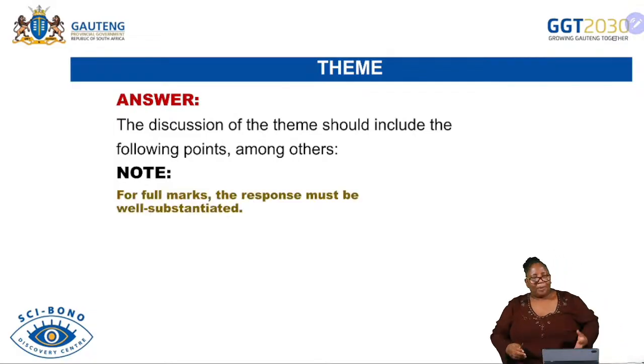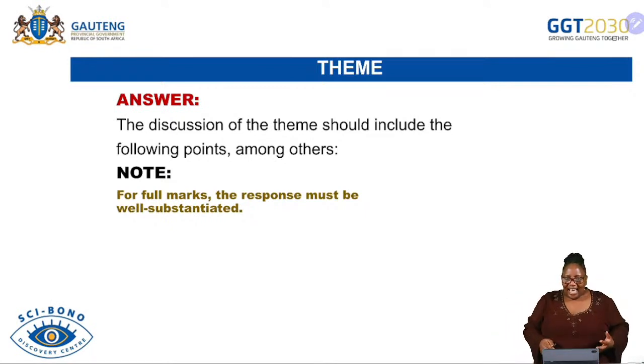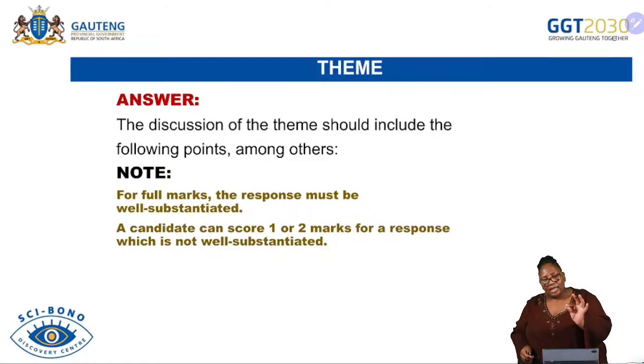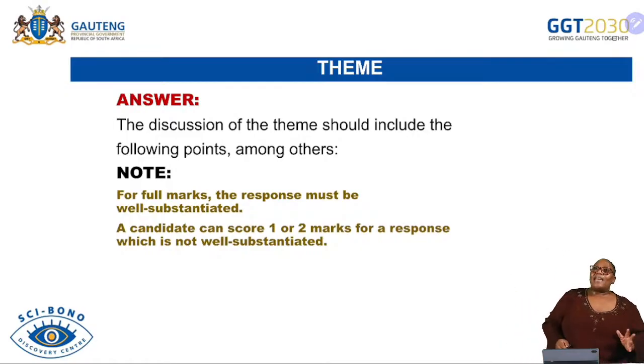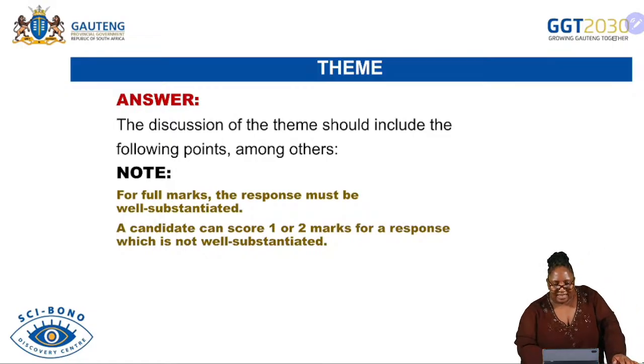When we ask you about the theme, if the theme was asked about an extract or the whole book, you should have various responses. You are not limited. And if you give a well-substantiated response, you get your full marks.